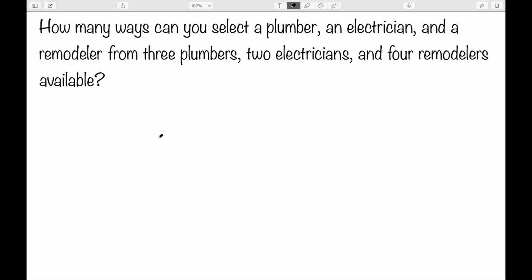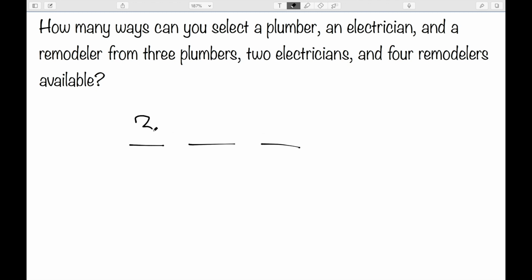Next, how many ways can you select a plumber, an electrician, and a remodeler from 3 plumbers, 2 electricians, and 4 remodelers available? We can actually extend the fundamental principle of counting to these larger problems like this. In this case, instead of 2 situations, I have 3 tasks. The first one is selecting a plumber.